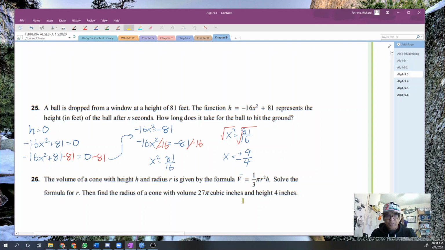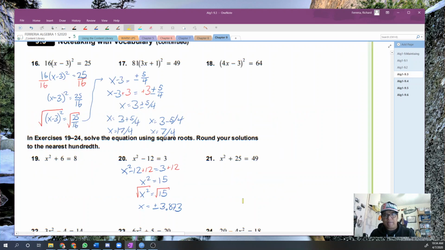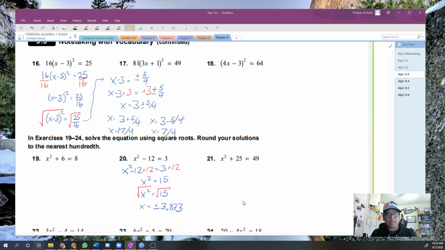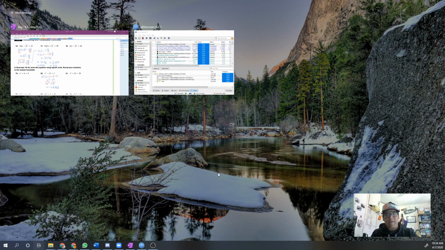So those are our two solutions. Let's convert those into decimals. The first decimal we get is 9 divided by 4, which is 2.25. And then we get negative 9 divided by 4, which is negative 2.25.